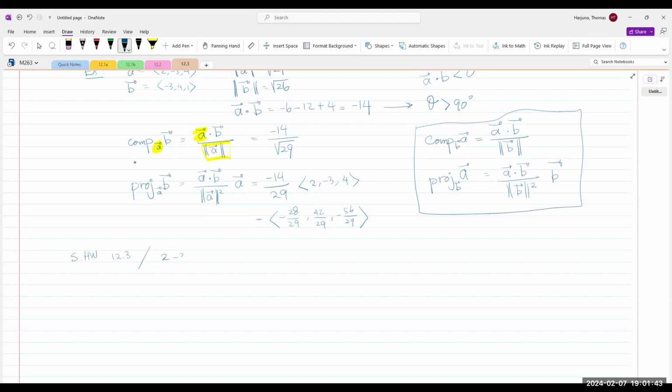Okay, from 2 to 30, 33 to 37, 39 to 48. I think 49, 51, 55, 61 is something good for you to see. Okay, and also number 53, number 62.